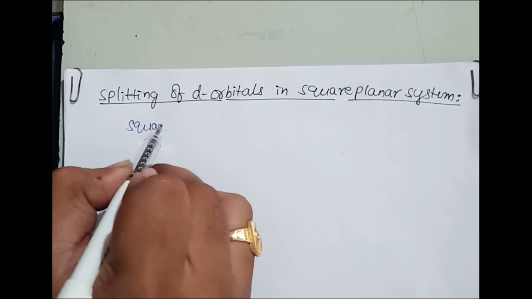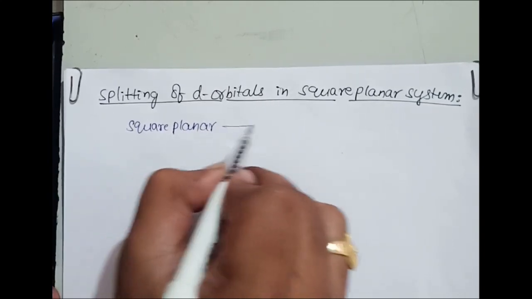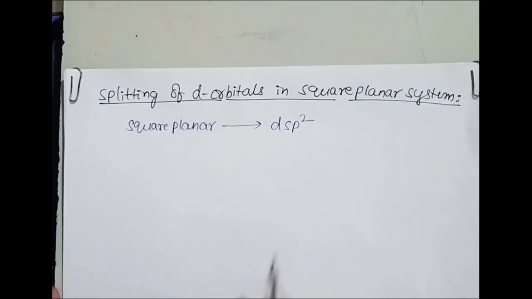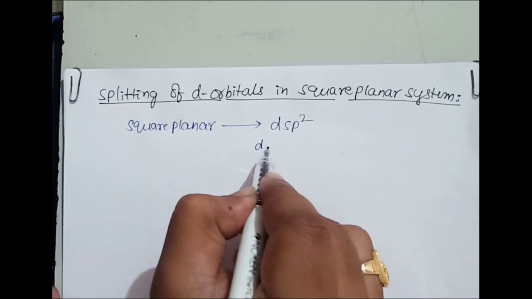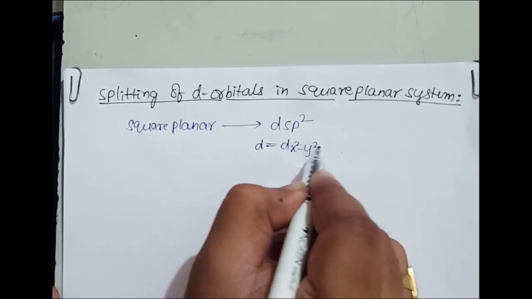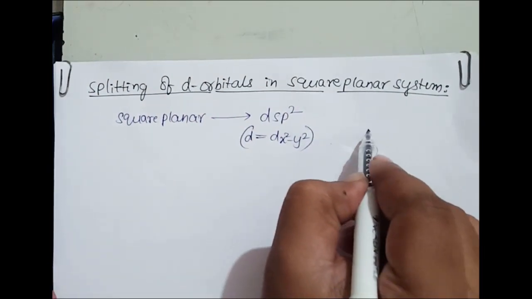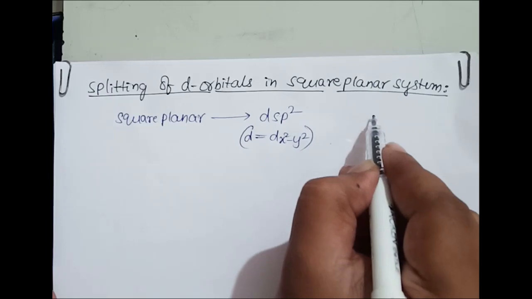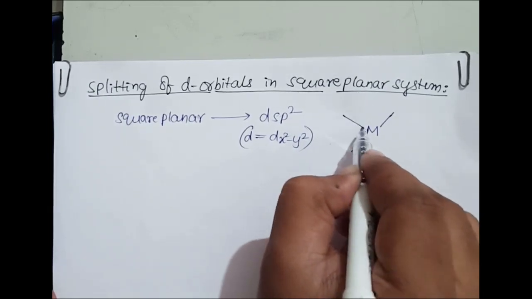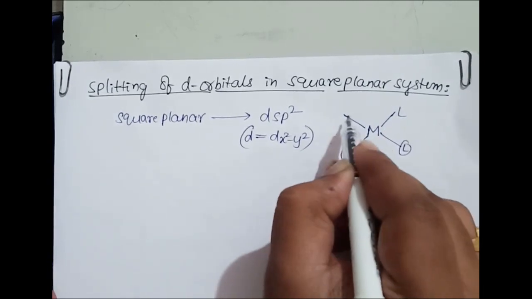Square planar system is observed when we have dsp2 hybridization, right? Here the d orbital is dx square minus y square, which means here 4 ligands will be there in square planar. 4 ligands approach along the x-axis and y-axis.